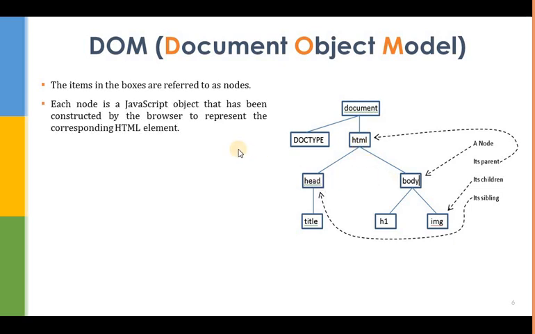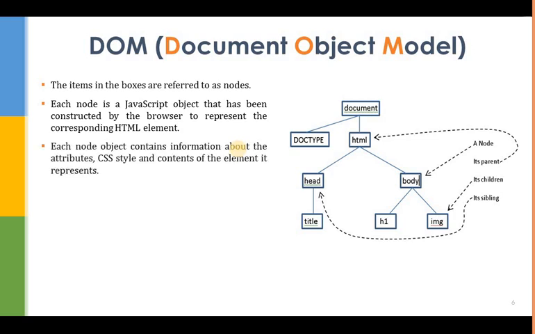Each node is a JavaScript object that has been constructed by the browser to represent the corresponding HTML element. Each node object contains information about the attributes, CSS style and content of the element. For example, if HTML is a node, then your node object contains all the information about this HTML's attributes, CSS style, and content.